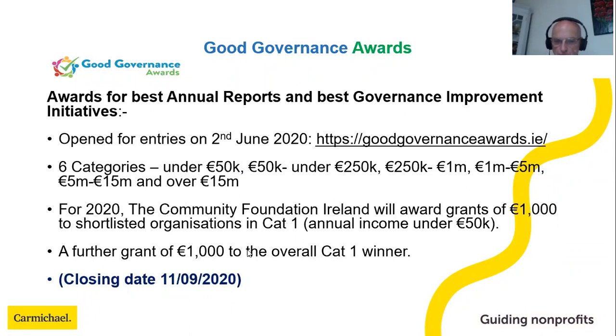So it's worth the effort to produce as good a quality of report as you can and submit it, because you will get feedback, and that feedback will hopefully enhance your report again for the next year. So there are huge advantages to participating in the Good Governance Awards, which were initiated by the Carmichael Centre 4 or 5 years ago.